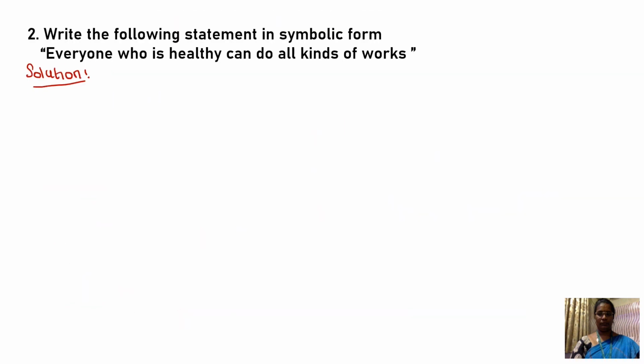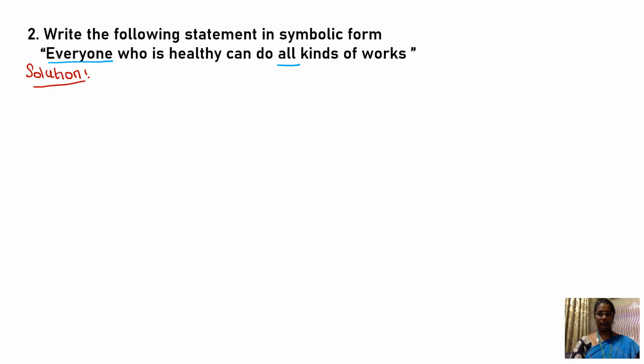Now let us look into the next example, where we express the given statement as a logical expression: everyone who is healthy can do all kinds of work. When you read the statement itself, you get a clue: everyone seems to be one quantifier, and all kinds, all, looks like another quantifier.